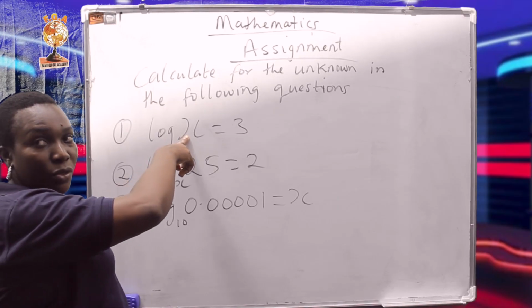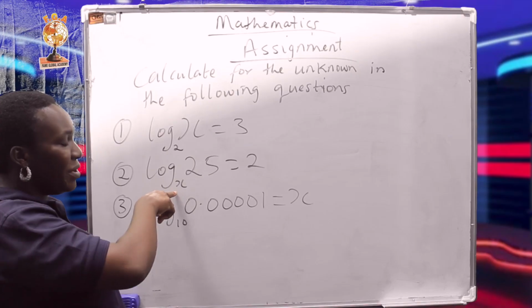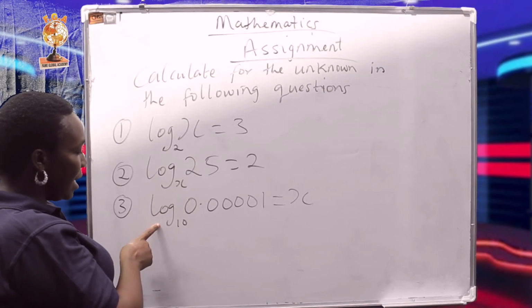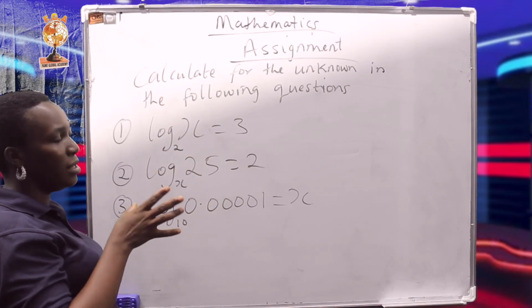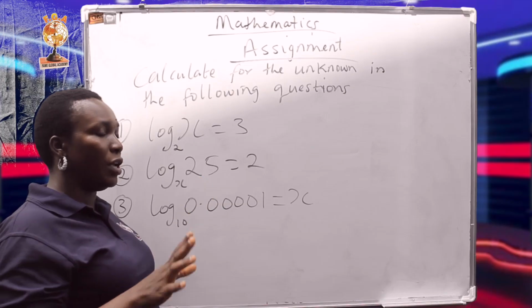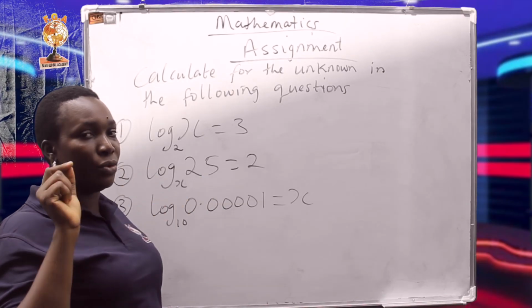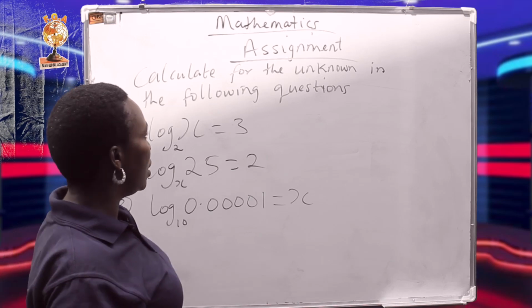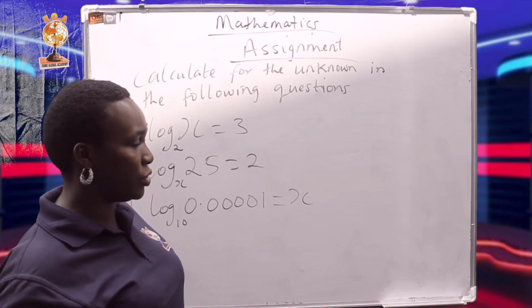In question 2, the unknown is appearing as the base. And in the last one, the unknown is appearing as the answer. So it's a different thing entirely. But just like what I said, in each of them, you follow the same procedure without minding wherever the unknown is appearing. So solve this assignment and drop your answer in the comment section.